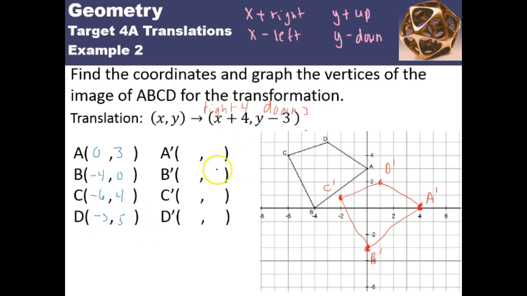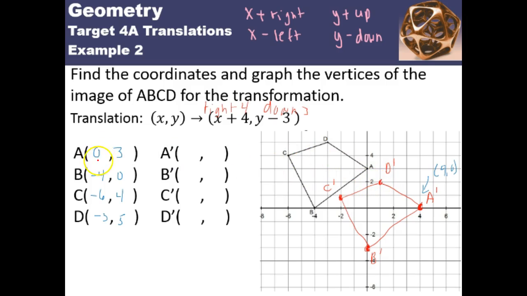Okay, now we said there's two ways of getting these numbers. So one way is to move it like I moved it, and then come over here and look. And so if you look, this is A prime, and if you count, that's over 4 and up 0, so that's the point (4, 0). So if I wanted, I could just come over here and write that in there. But there's another way, and it's really good to check.